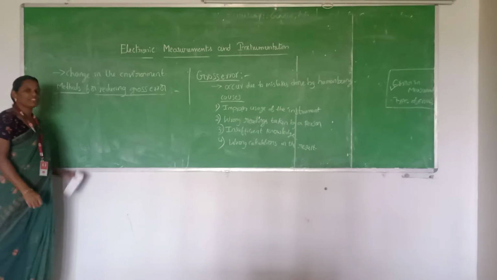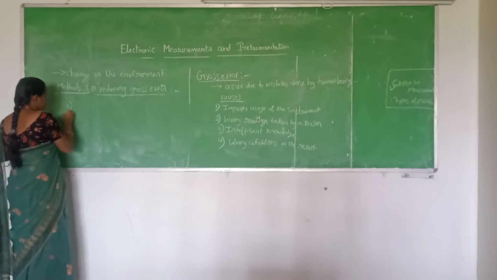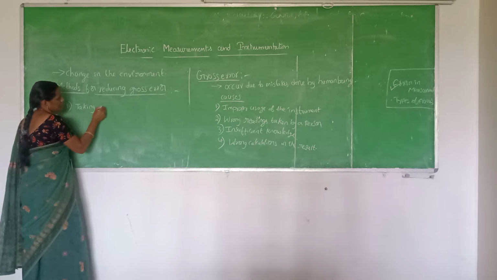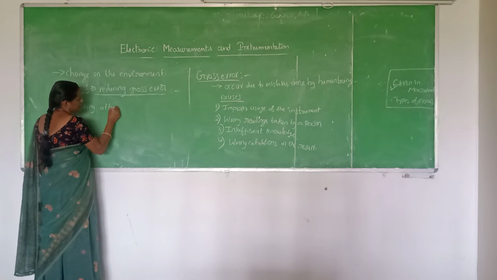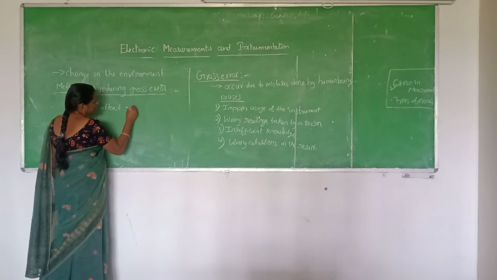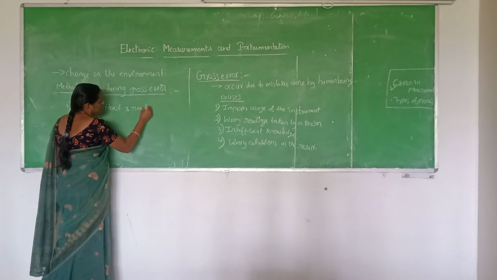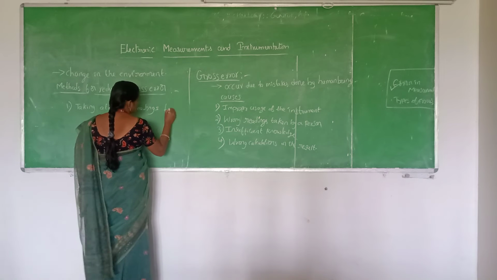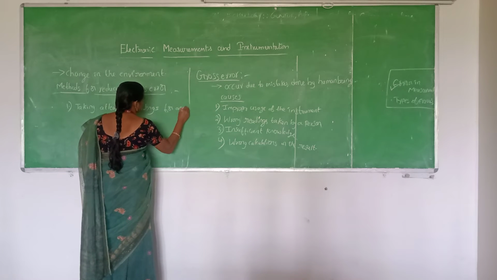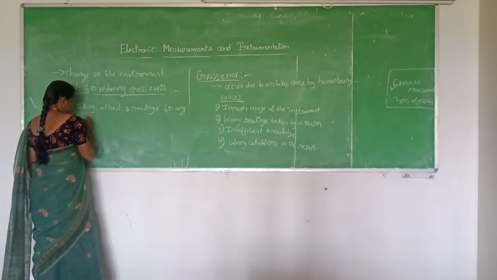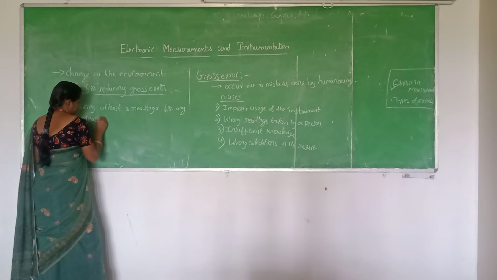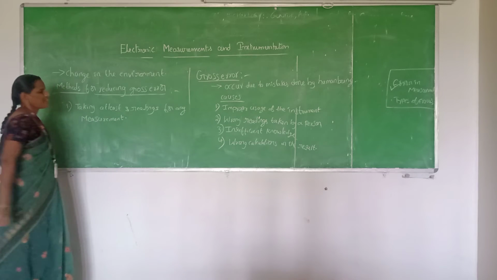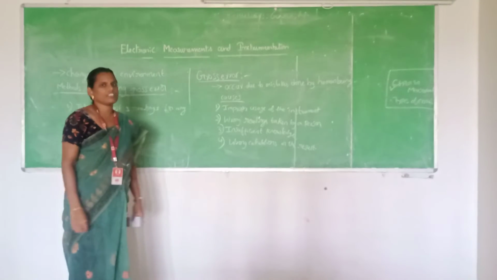Those methods are: the first one is taking more than one reading, which means taking at least 3 readings for any measurement. The second one is setting before taking readings.